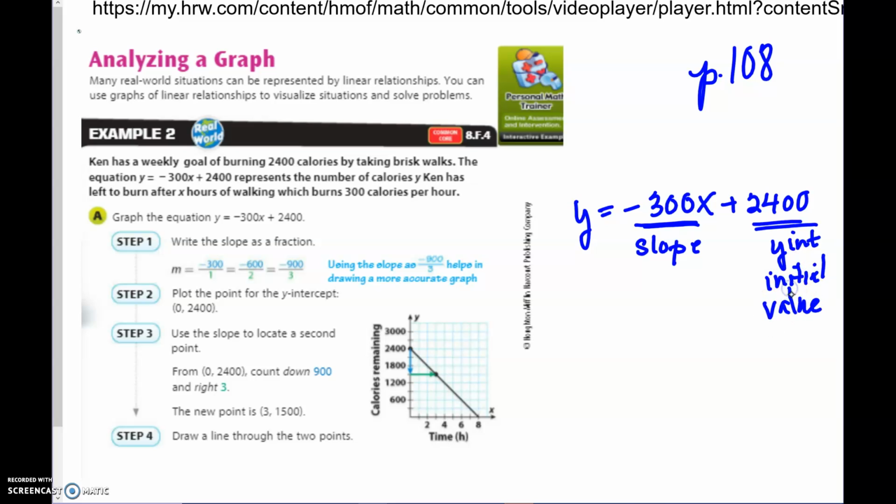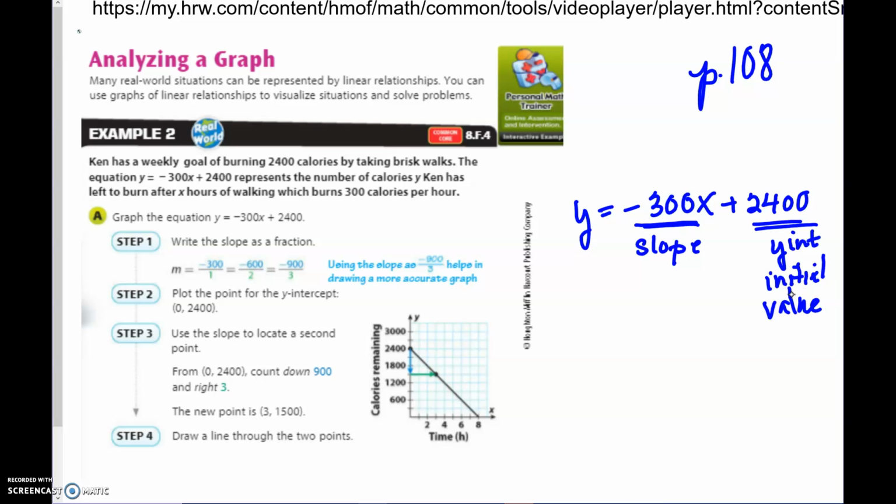So in this particular real world situation, Ken has a weekly goal of burning 2,400 calories by taking brisk walks. The equation y equals minus 300x plus 2400 represents the number of calories Ken has left to burn after walking so many hours.